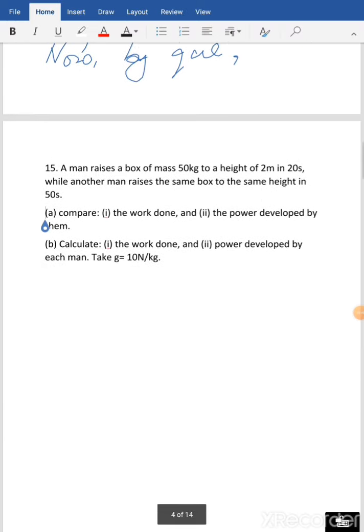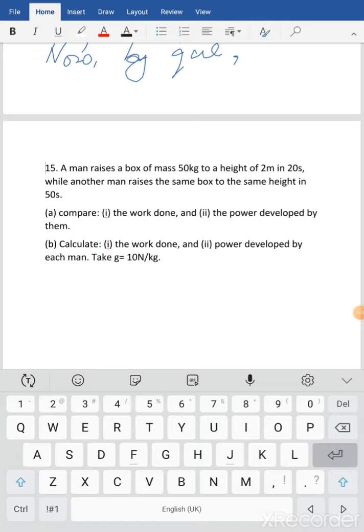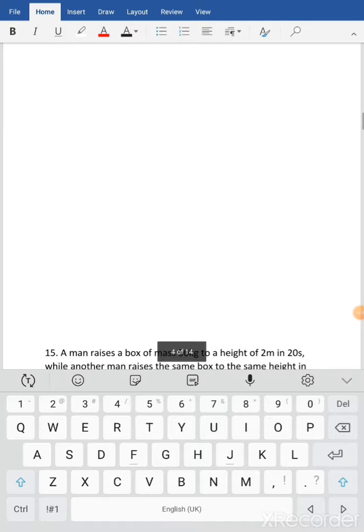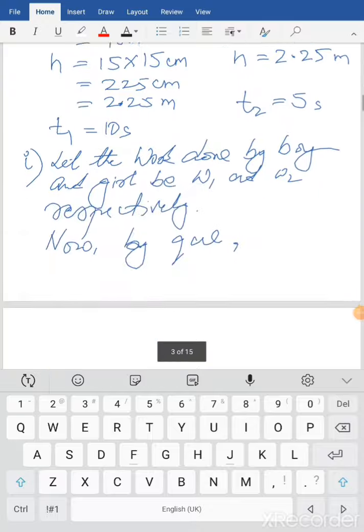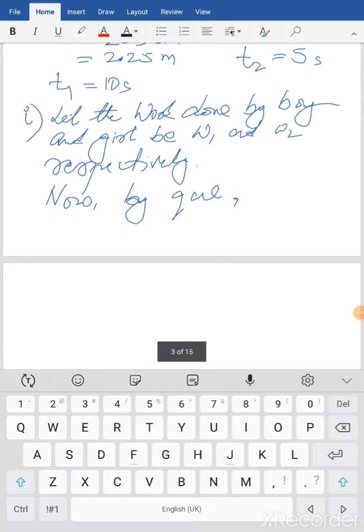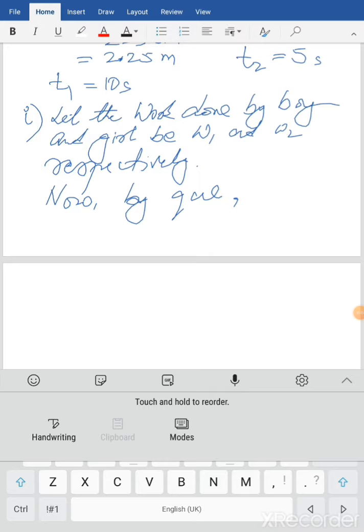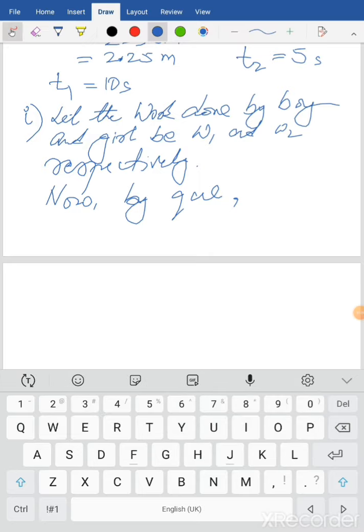I'll just move question number 15, the next question, to the next page so that we have the space here for question number 14, which we are doing. Now by the question, it is W1 is to W2.